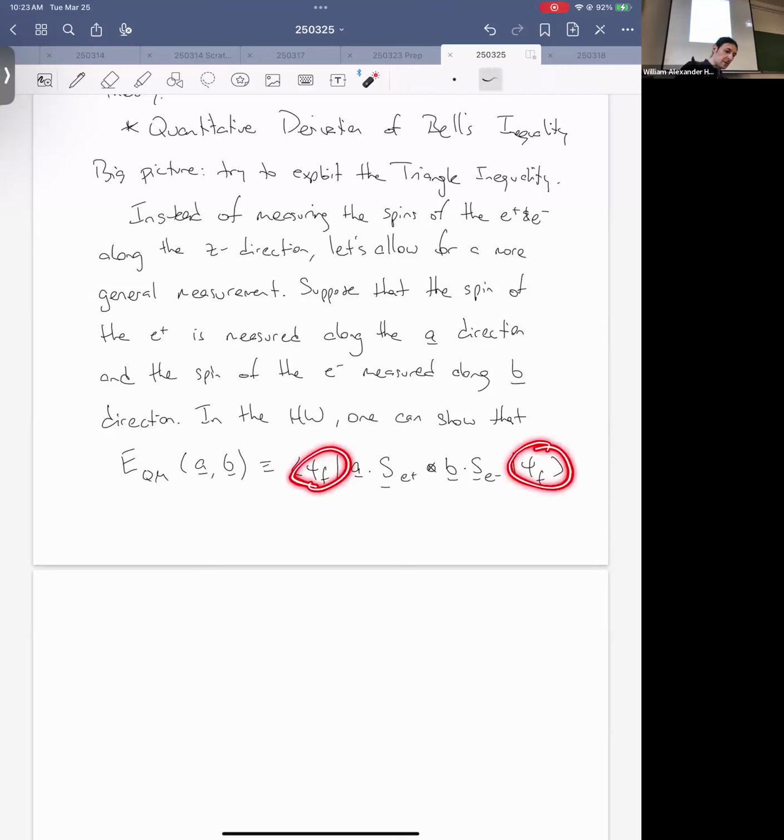So I've got the expectation value, the bra and the ket are the same state, that singlet state. And I'm taking the dot product of my A direction with the spin operator for the E plus and the B vector direction dotted with the spin operator of the E minus. So these are operators. And what you can show is that this is explicitly equal to minus A vector dotted with B vector.